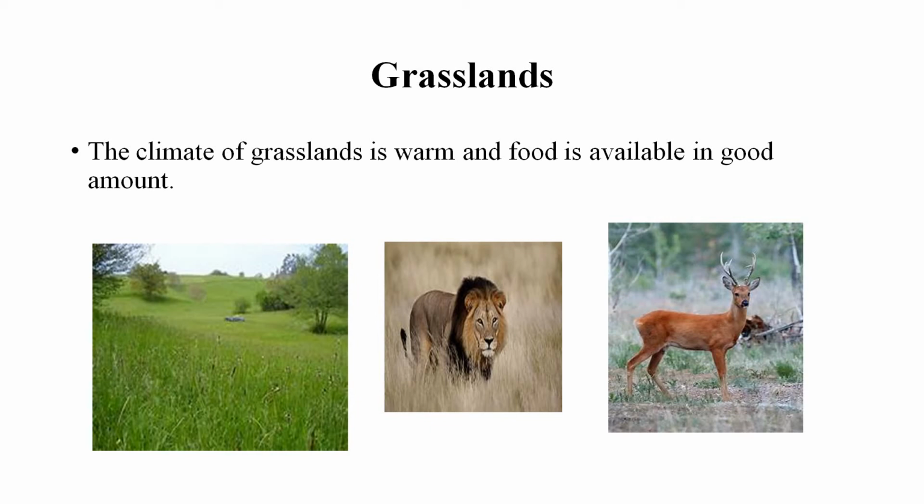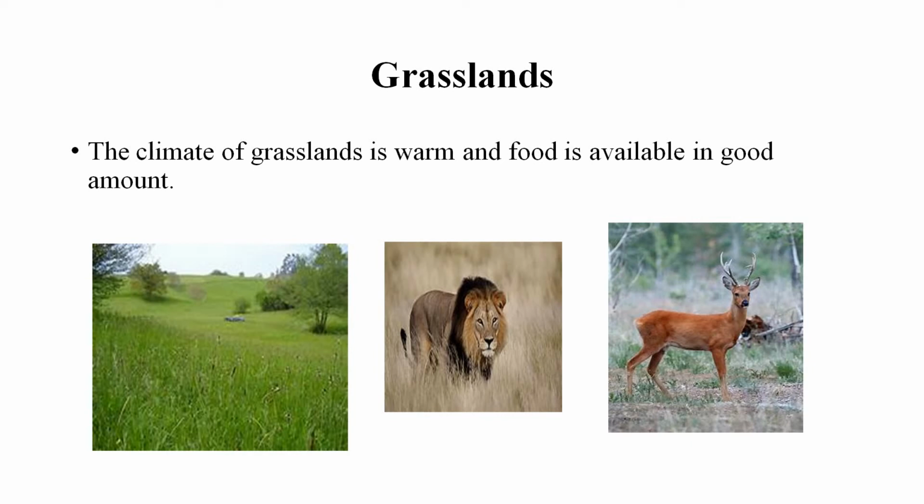The color of lion is pale brown, which mixes with the color of dry grasses and rocks. Thus, the body color of lion helps it in hiding from its prey. Its eyes in front of the face allow it to have a correct idea about the location of its prey.